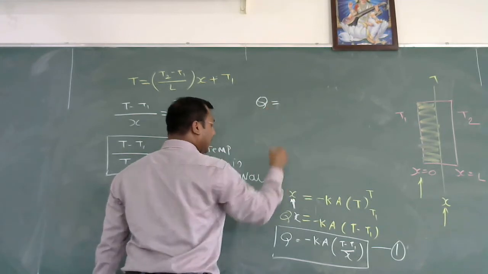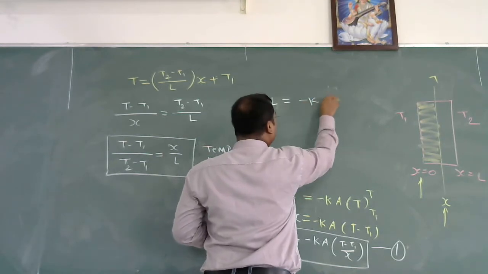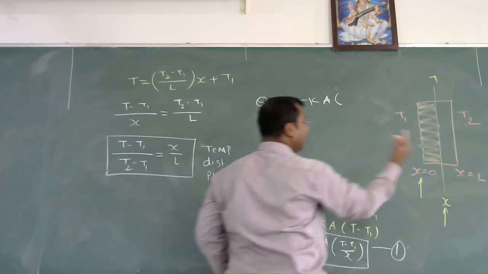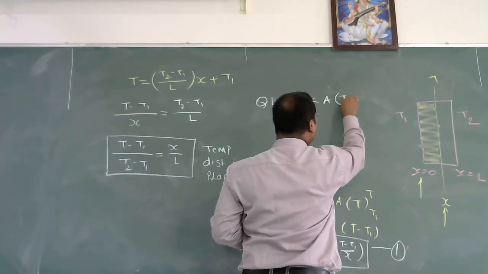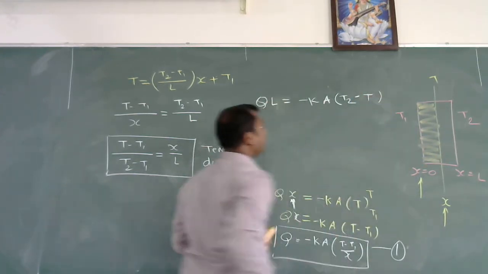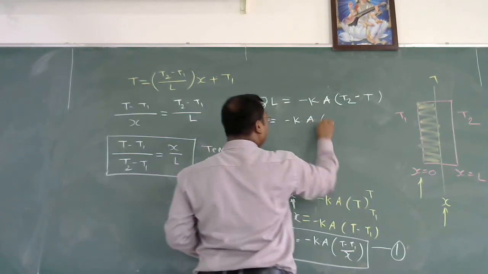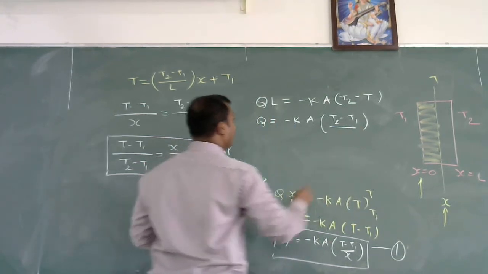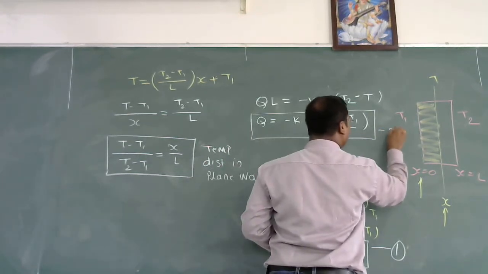So the equation becomes Q into L is equal to minus K into area into, instead of T minus T1, at x is equal to L, this becomes T2 minus T1. So Q is equal to minus K into A into (T2 minus T1) divided by L. This becomes another equation, your equation number 2.